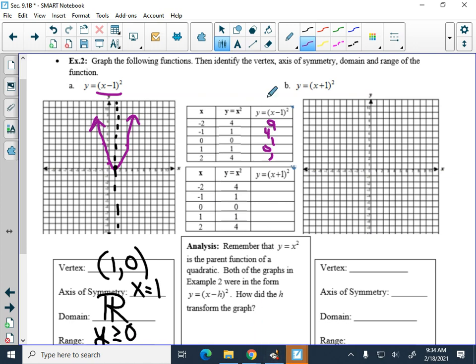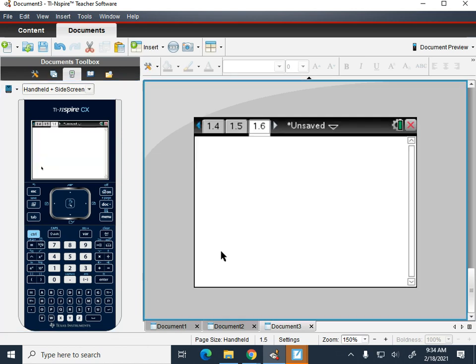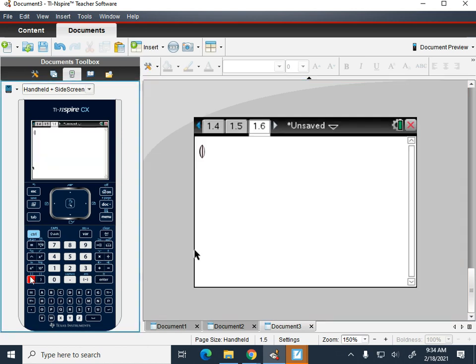So now we're going to put in negative 2 into the x plus 1 equation. Clean up our sheet a little bit here. Negative 2, and we add 1. That gets us negative 1. Negative 2 plus 1 would be negative 1 squared is 1. Now I'm just going to go in order on here. I'm going to put in negative 1 next.